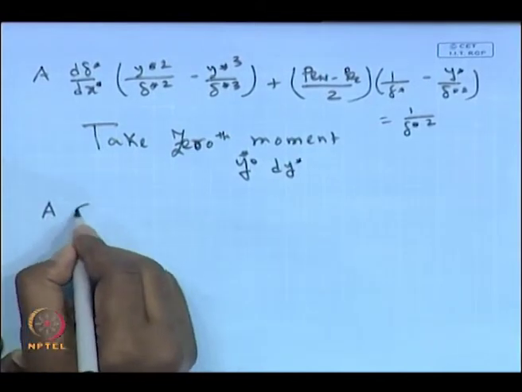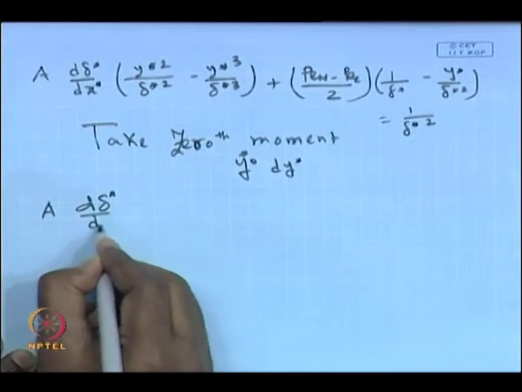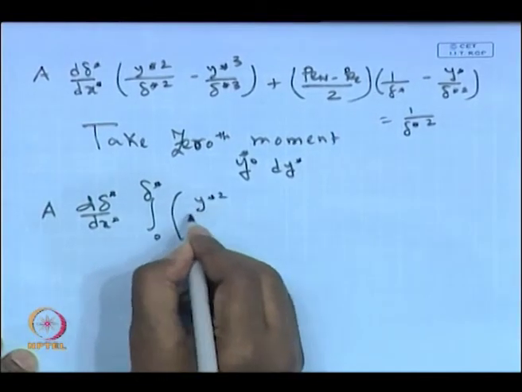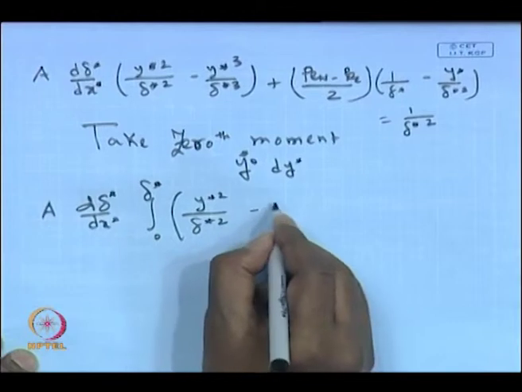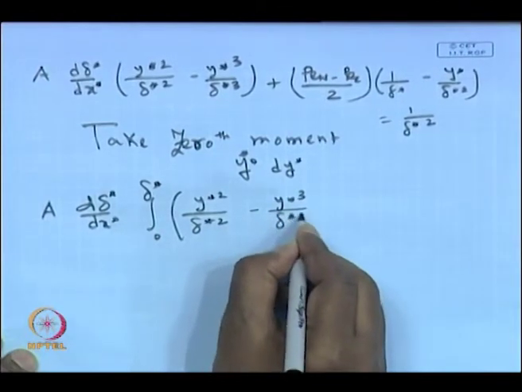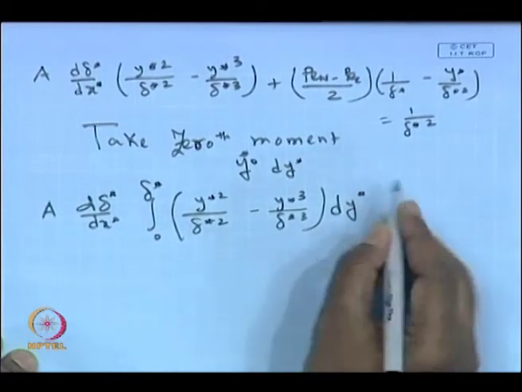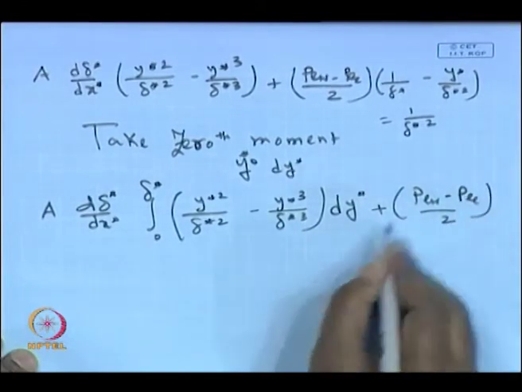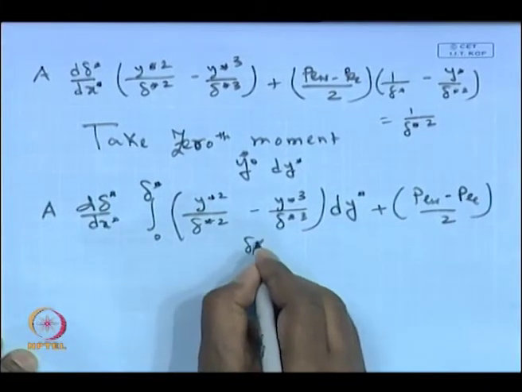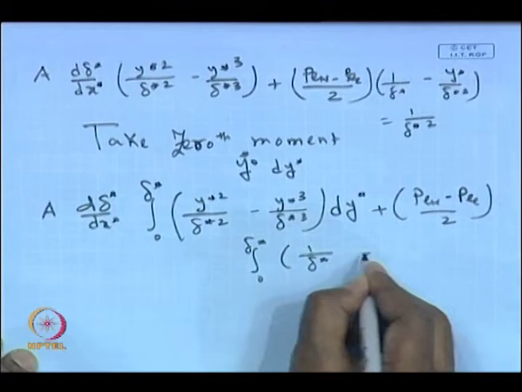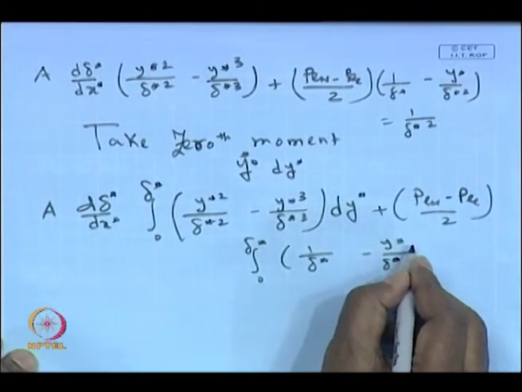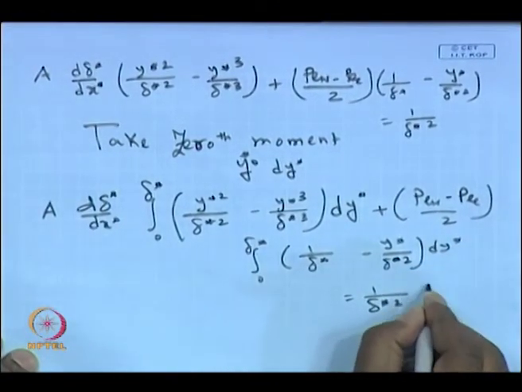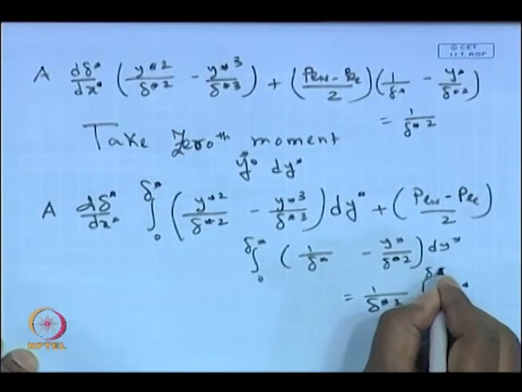So, it will be d delta star dx star, integral 0 to delta star of y star square by delta star square minus y star cube divided by delta star cube dy star, plus Pw minus Pee divided by 2 multiplied by integral 0 to delta star of 1 over delta star minus y star by delta star square dy star, and on the right hand side you will have delta star square dy star from 0 to delta star.